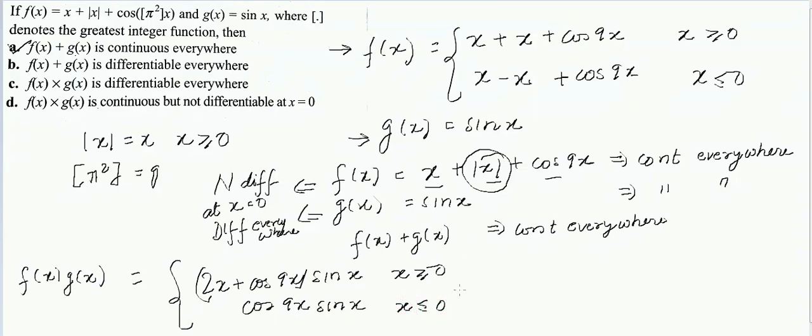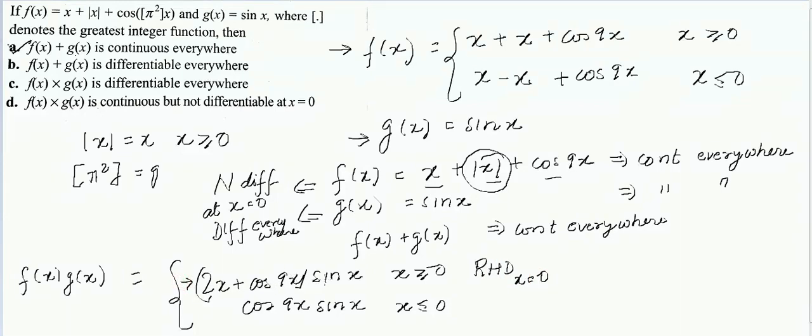Now we have to find the right hand derivative and the left hand derivative of this function at 0. So if you are finding the right hand derivative of this function at x equal to 0, we need to differentiate this part of the function.